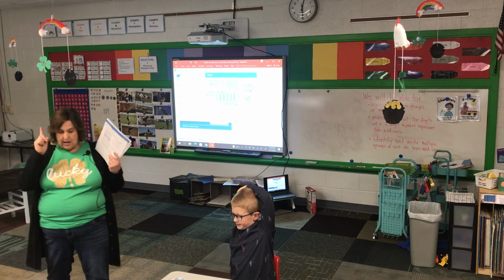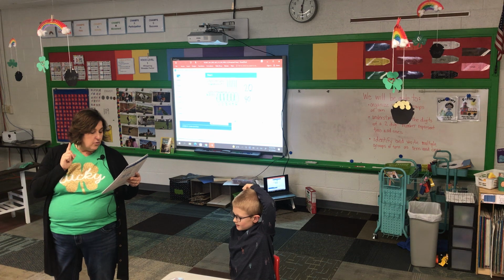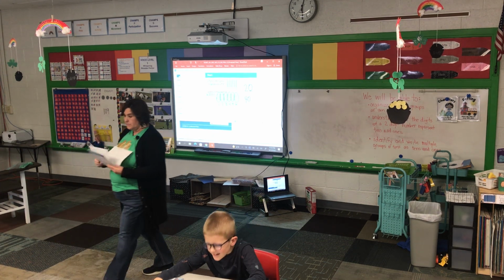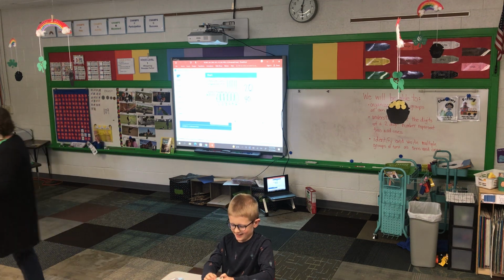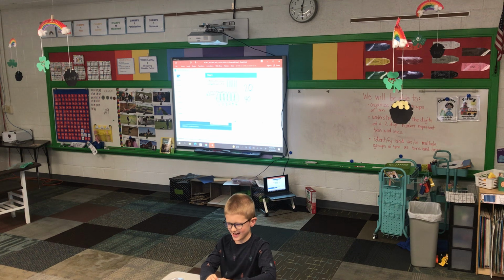You're going to count your cubes, and then you're going to make groups of 10 with your cubes. Okay, go ahead and start that. Count your cubes, and then make groups of 10.